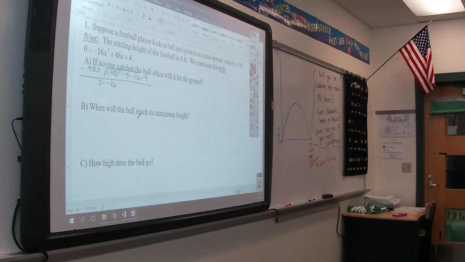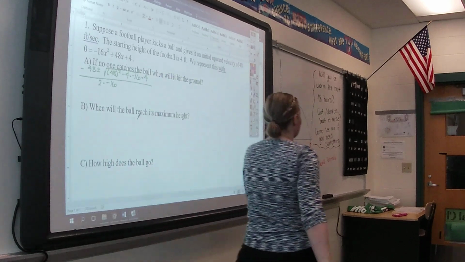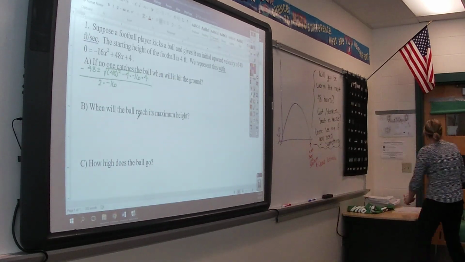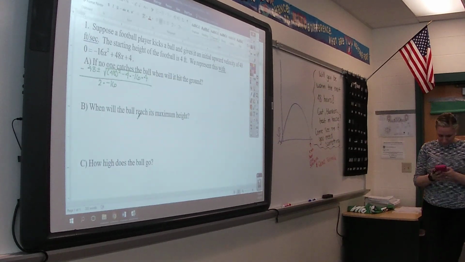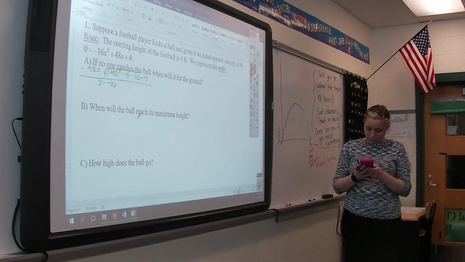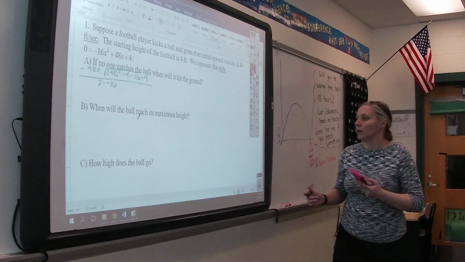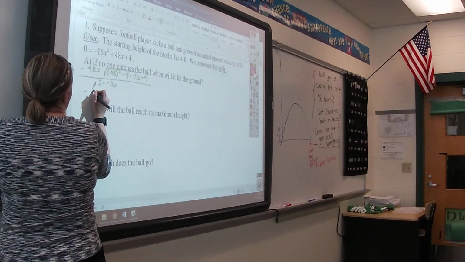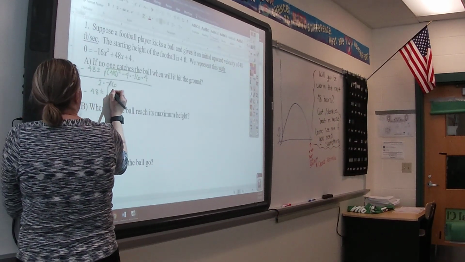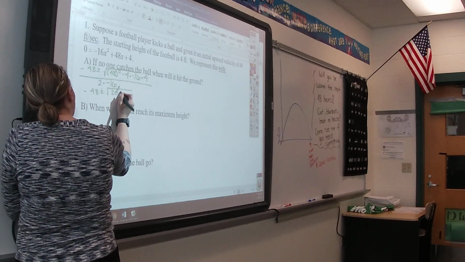It should be just like those sets of problems we talked about with finding when it hits the ground. So we'll calculate underneath the square root. Let's see, -48 plus or minus the square root of 2560.